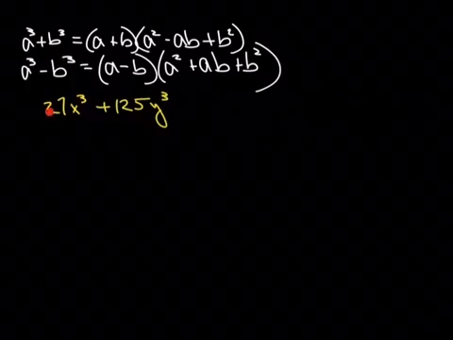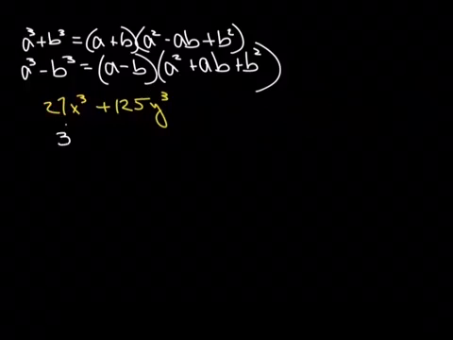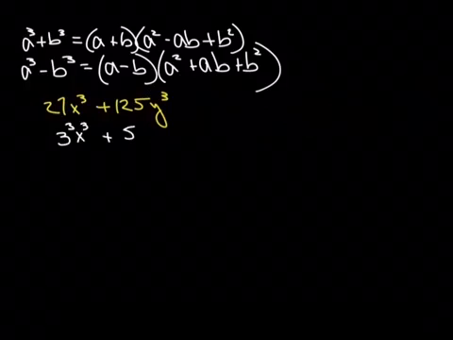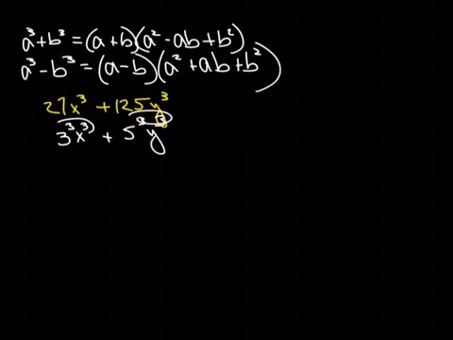What number times itself 3 times is 27? 3. So 3 cubed x cubed. What number times itself 3 times gives us 125? 5. And since both of these have cubes on them, we can just write it as 3x cubed plus 5y cubed.